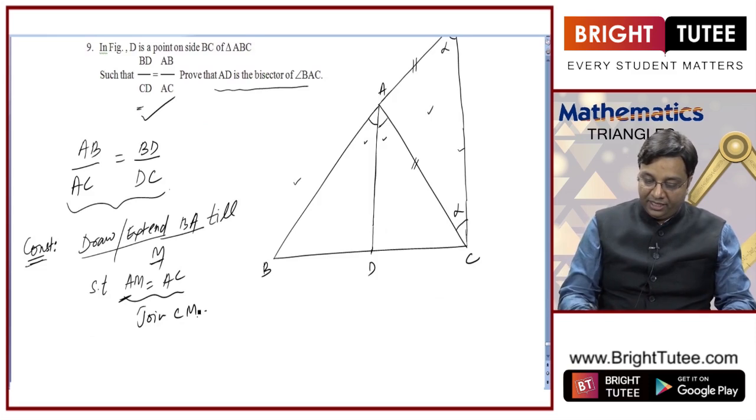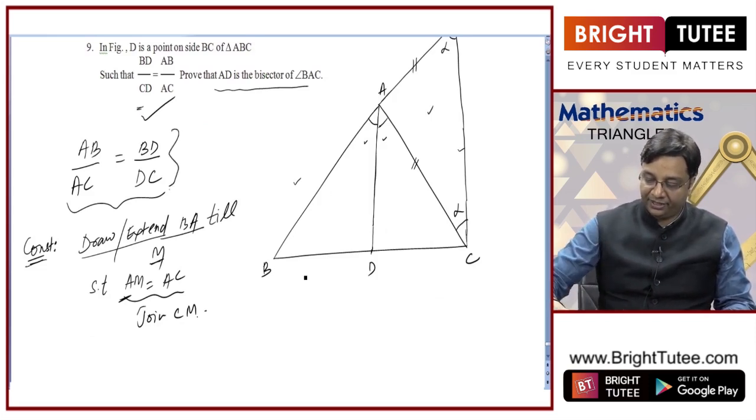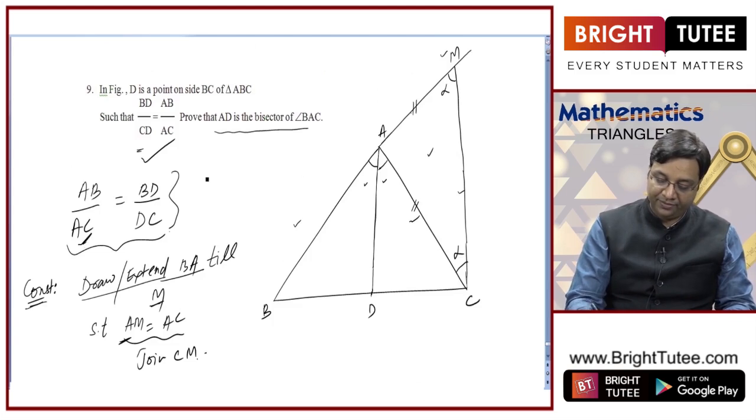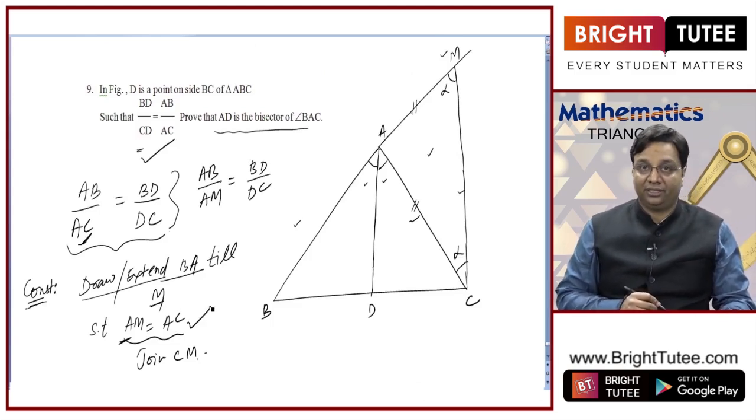Now see, as per given condition, AB by AC is equal to BD by DC. So if I just replace this AC by AM here, can I say AB by AM is equal to BD by DC? Why? Because AM is equal to AC by construction.